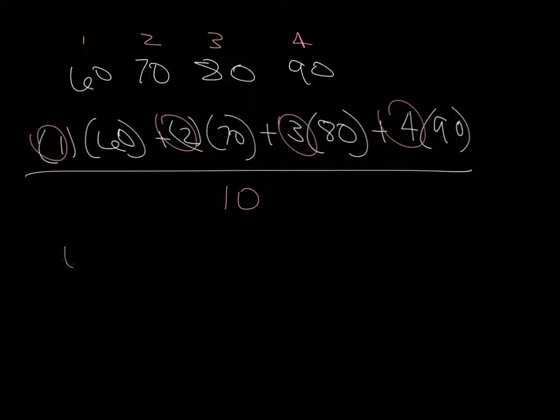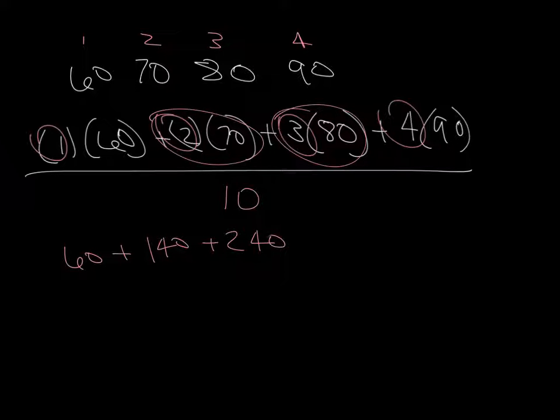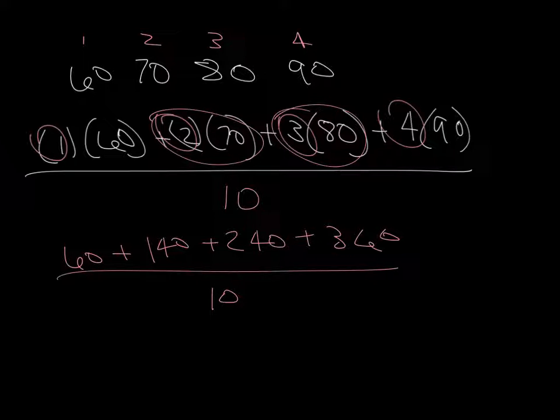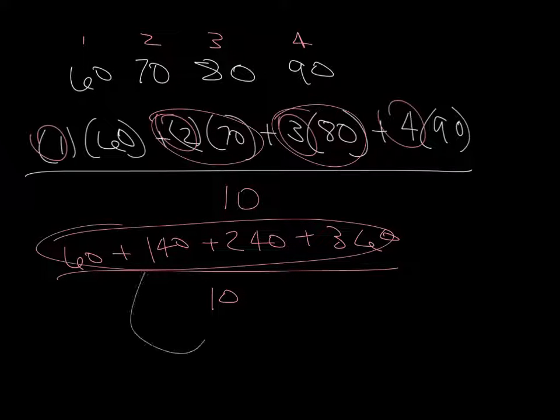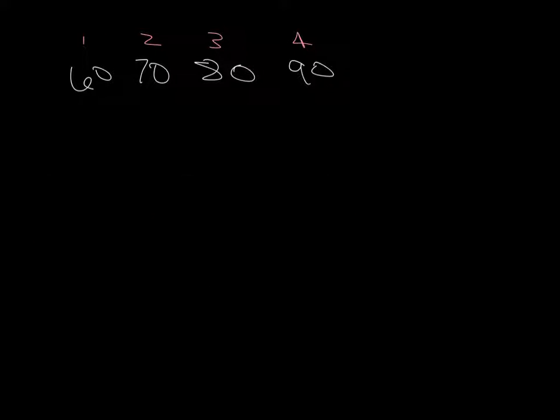So then we go 60 plus 140 plus 240 plus 360 divided by 10. So we add all these up, divide by 10, and then we get our average score. Okay, so not too terrible. Well, let's do one more. I think there's just one more, and then we'll call that good.